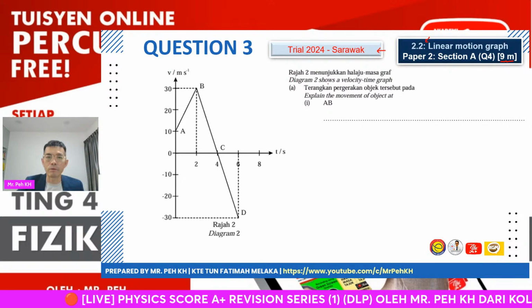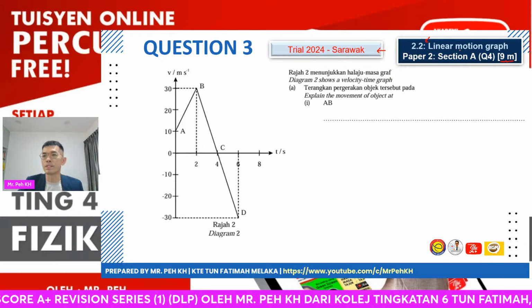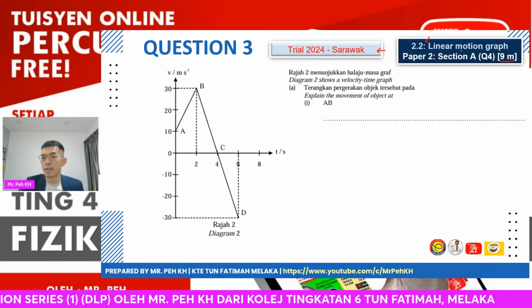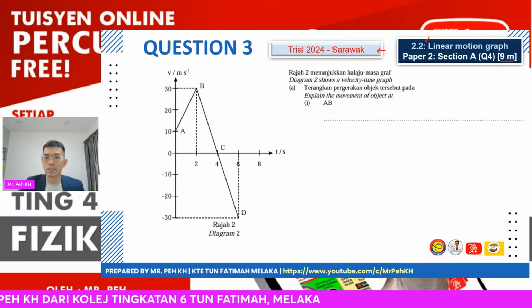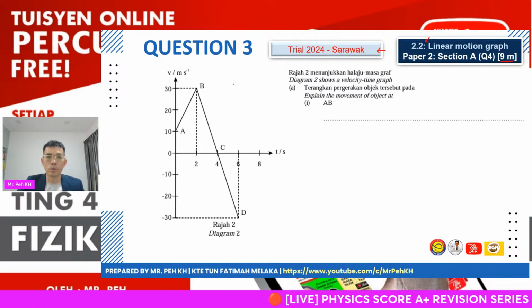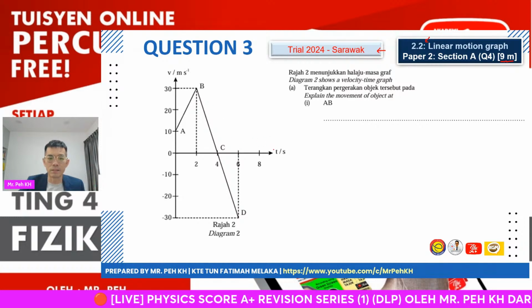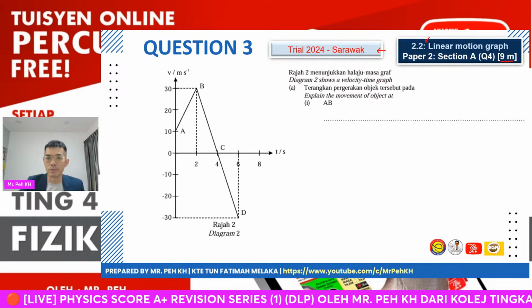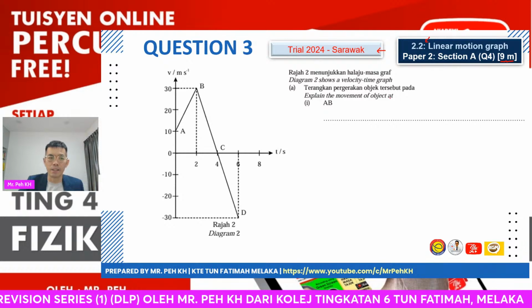Okay, so here diagram 2 shows a velocity time graph. From this subtopic, you have learned 3 different types of graph: displacement against time, velocity against time, and acceleration against time. So here, let us look at the graph of velocity against time. Explain the movement of object A at AB.